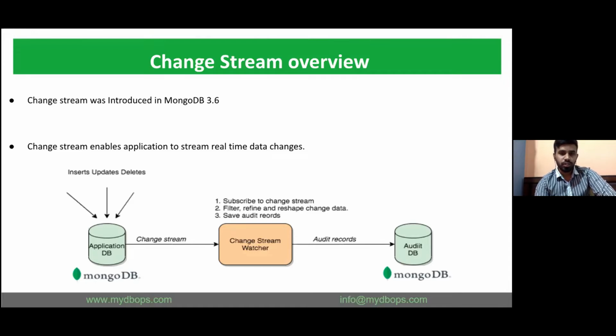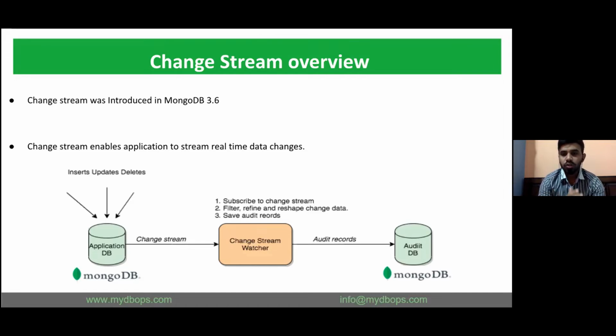So let me tell you what change stream is first. Change stream is used to stream real-time data changes. Once a developer updates, inserts or deletes, he doesn't know what is happening inside the DB. With this particular feature, he can audit what is happening inside the DB. He'll come to know which documents are being updated, inserted and deleted.